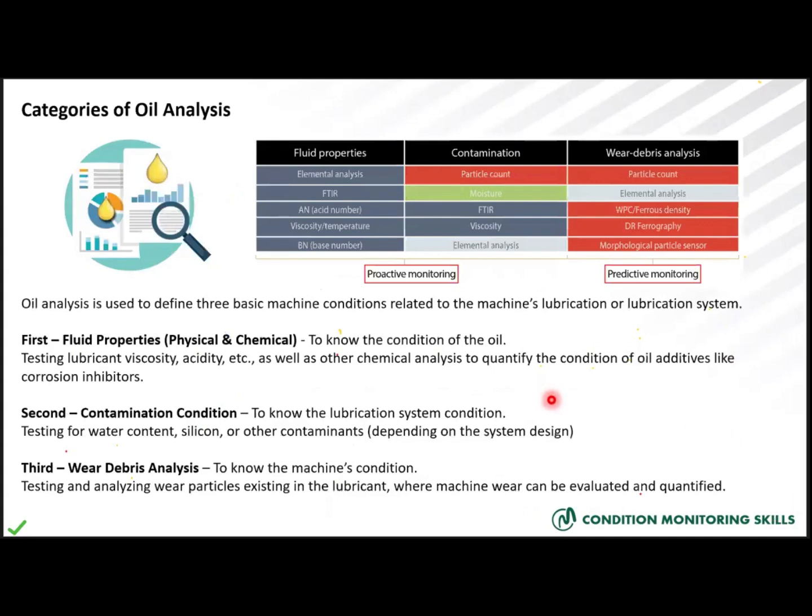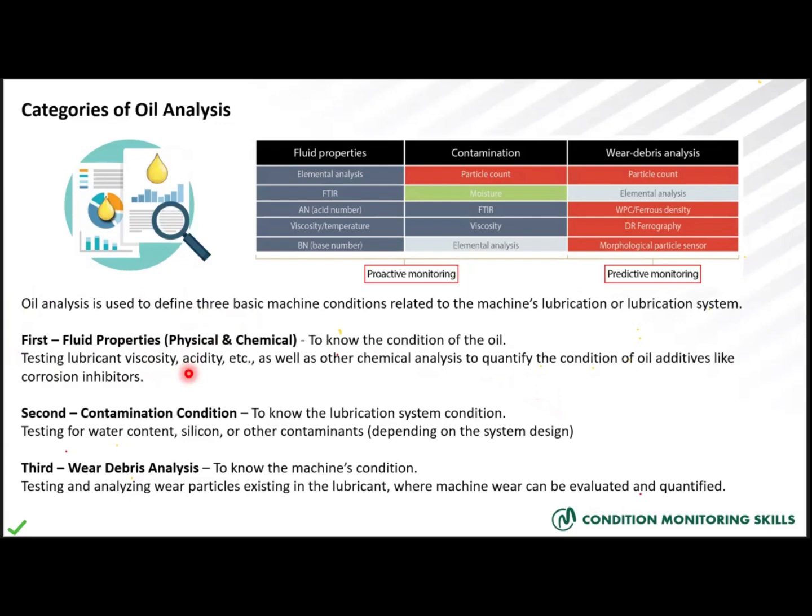Oil analysis is used to define 3 basic machine conditions. That's why we say that oil analysis has 3 categories. The first type is the fluid properties analysis. We do oil analysis to test the physical and chemical properties of the oil itself, to know the condition of the oil.